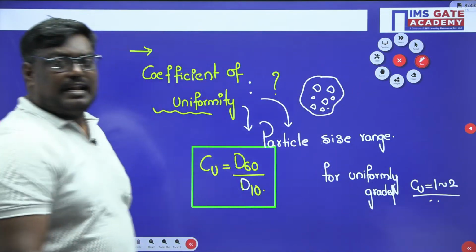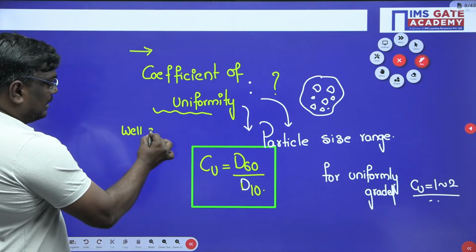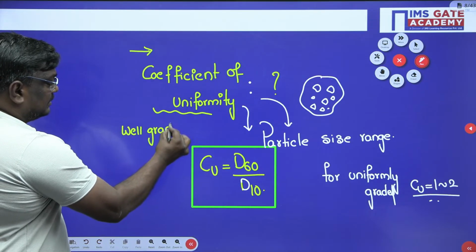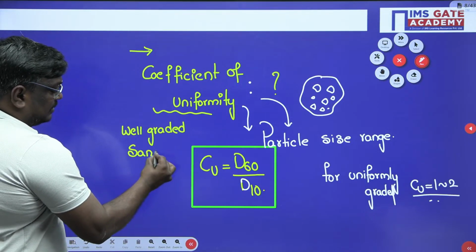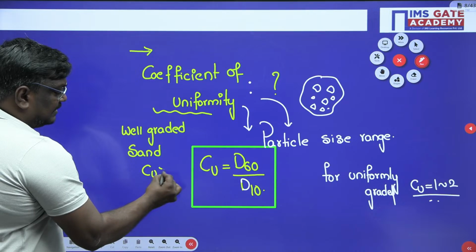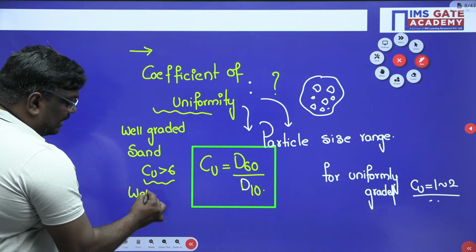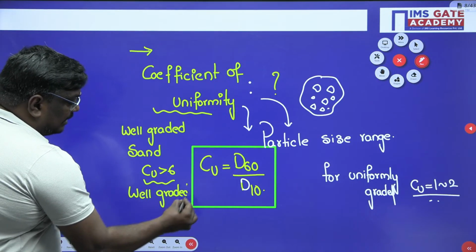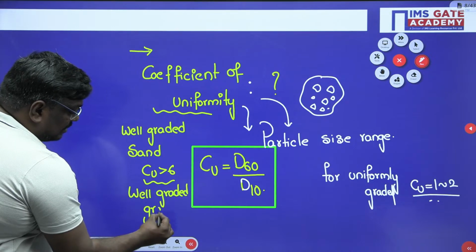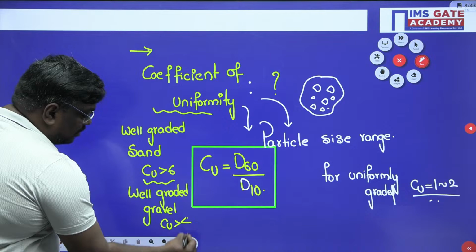And remember, if the soil is well graded sand, Cu value should be greater than 6. And if the soil is well graded gravel, Cu value should be more than 4.